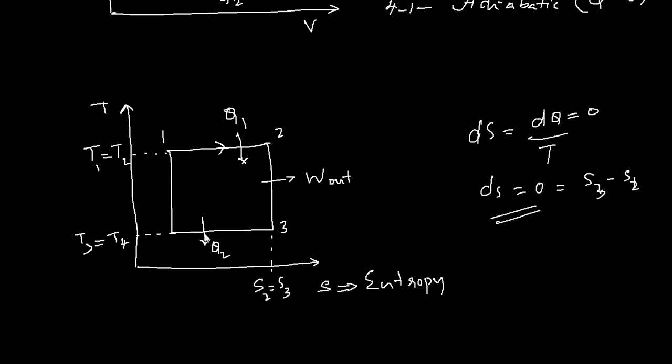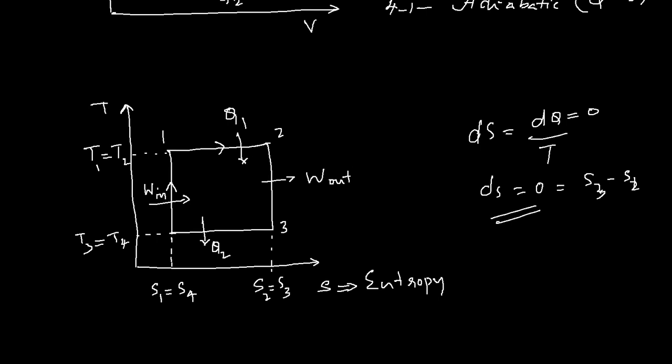So your isothermal heat rejection, and then you have your isentropic work input where you have S1 equal to S4. So these 4 processes constitute a Carnot cycle.